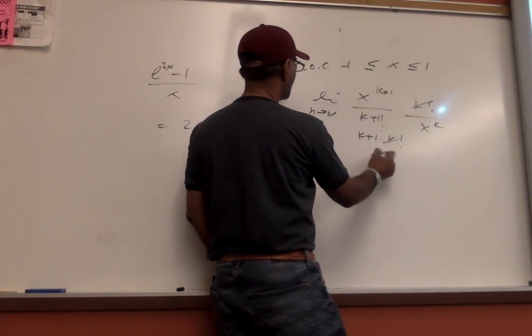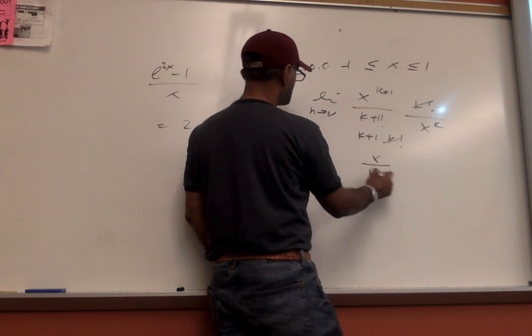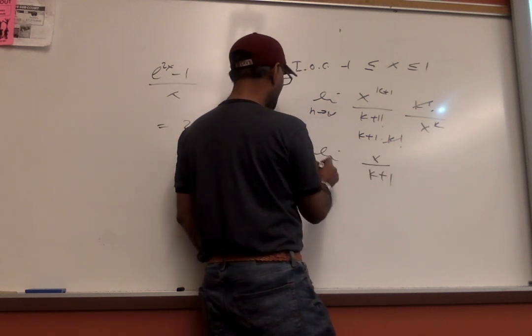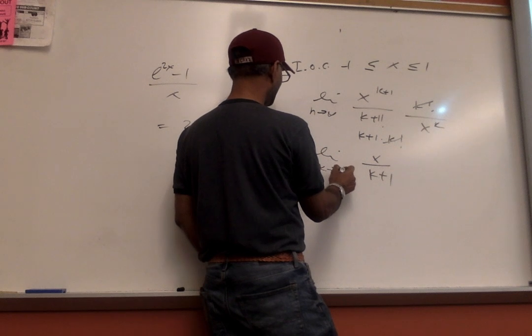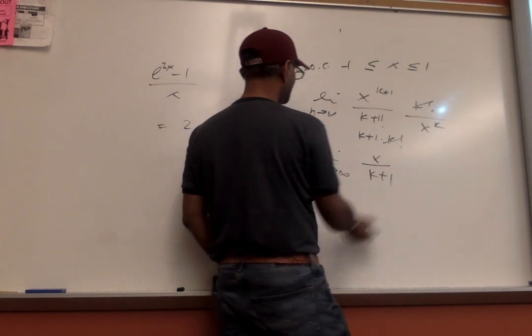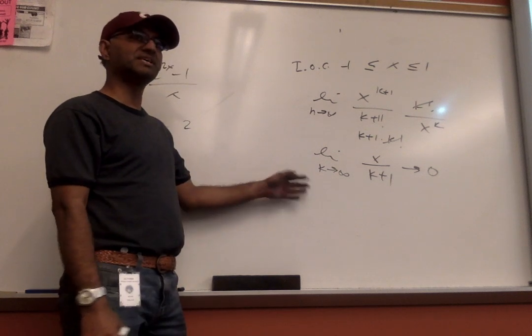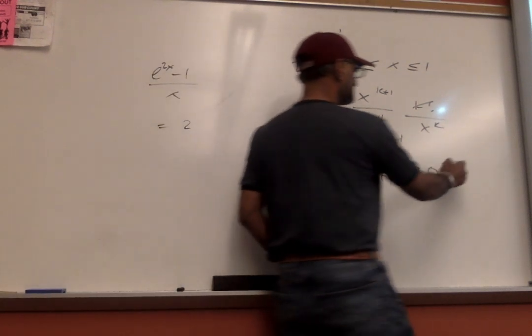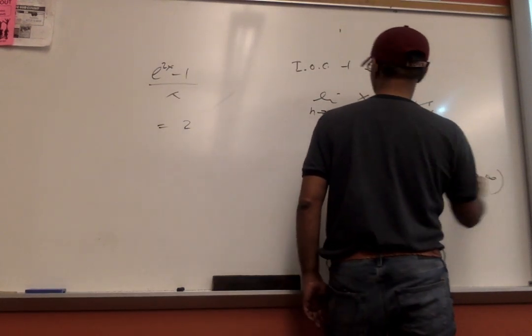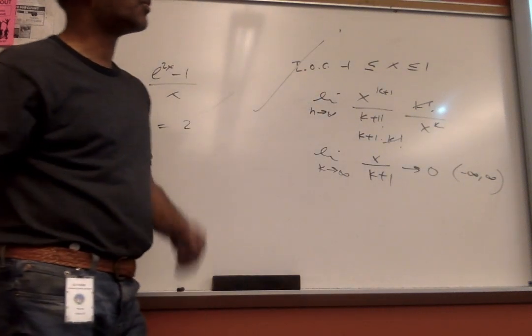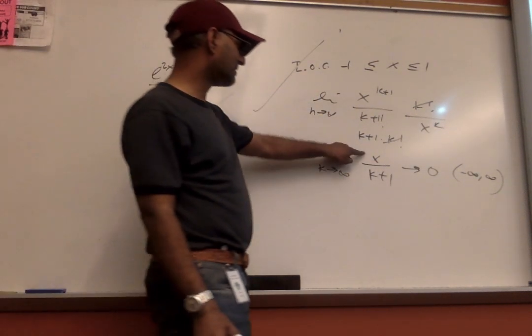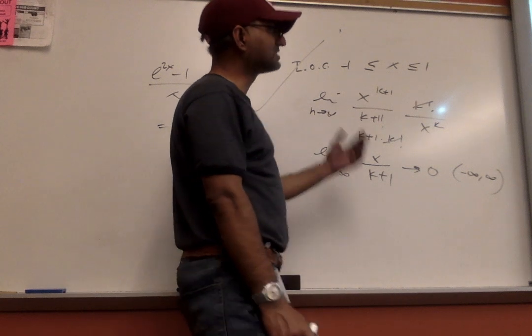So it just becomes x over k plus 1. And when I take the limit, k approaching infinity, I get 0. For those of you who have forgotten, does that not mean you're converging for all real numbers? That means it's -infinity to positive infinity. So that's out. 1 is out. Again, when I take the limit, x over k approaching infinity, you get 0.